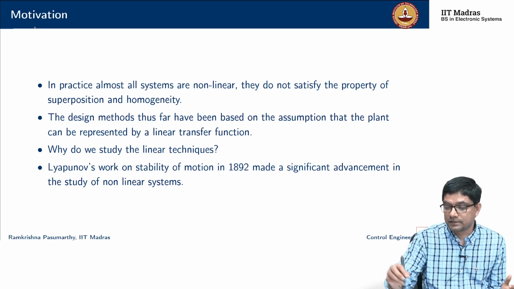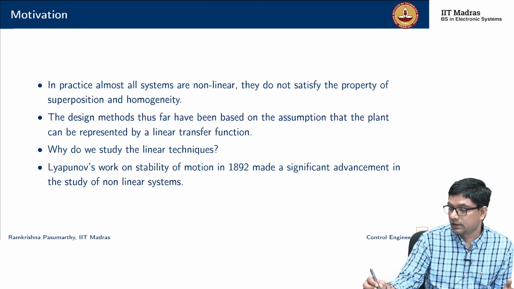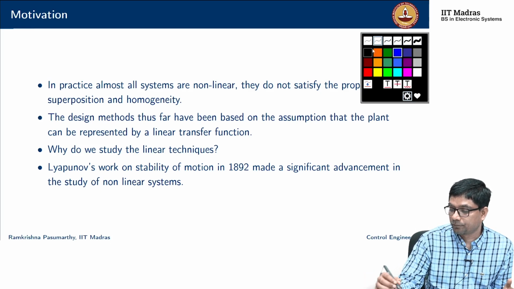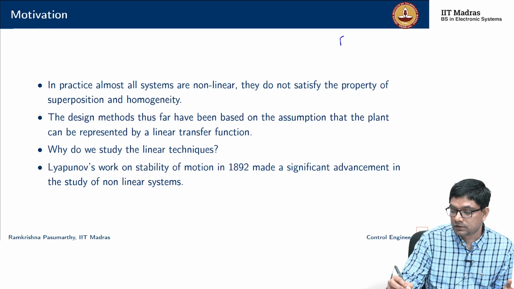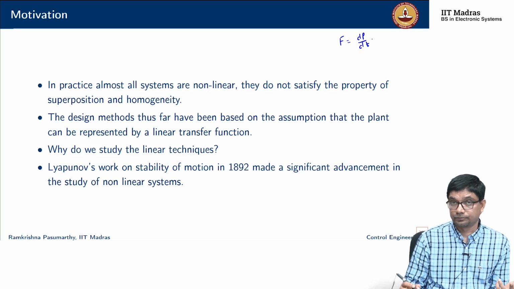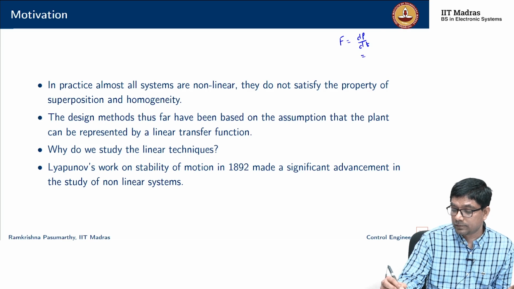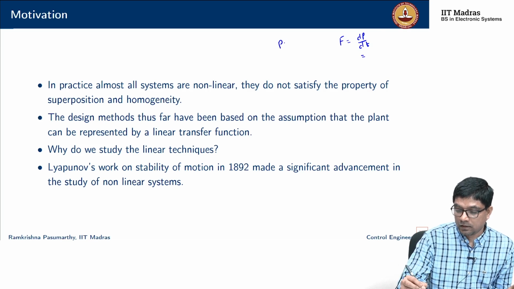As simple as Newton's second law: it states that the force is not ma, but it is the rate of change of momentum. Why does it become ma? That is because we consider that momentum is mass times velocity.